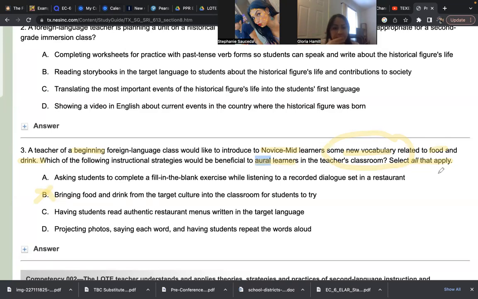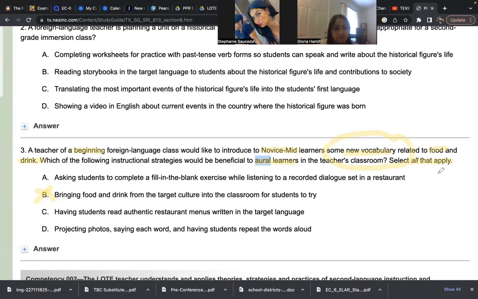New vocabulary, that's what's throwing me off a little bit, because all of them could be new words for them. Projecting photos, saying each word, having students, okay, that one doesn't say if it's related to food. Having students read authentic restaurant menus is more food related words. And A is more food related words.